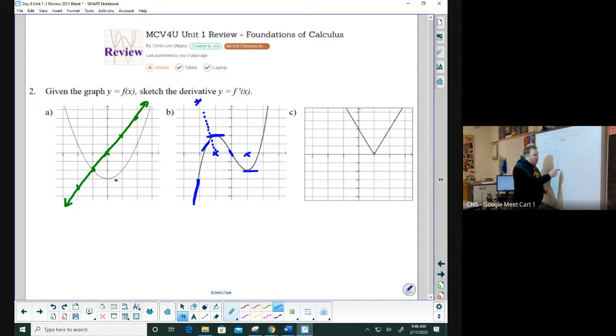So it's hard if you want to try and actually do a slope and do a rise over run and try and figure out that it's, you know, like this and it's down 2 over a half, and maybe that suggests it go to 4. If you want to do that, you can, but as long as it's a reasonable guess, you're getting full marks. So I think it's going to go somewhere down here as the steepest part.